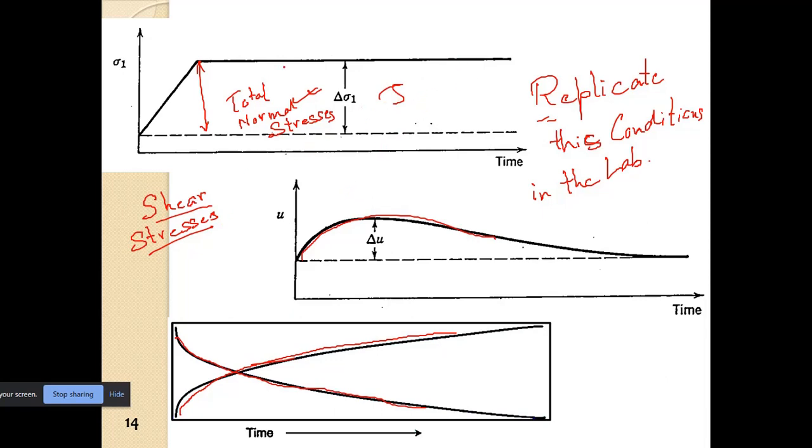Now, as soon as the soil is loaded, the increase in the total normal stresses will be taken up by the pore water pressure. So there will be no change in effective stress.